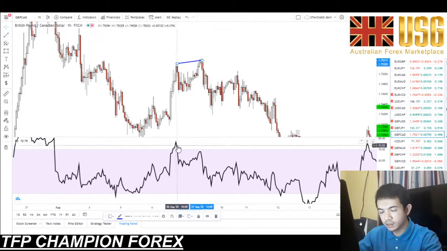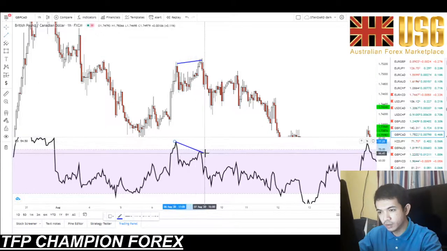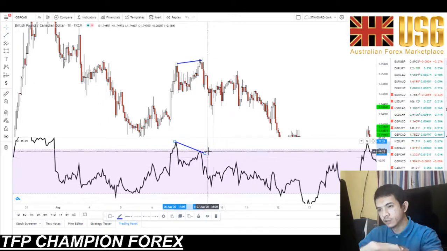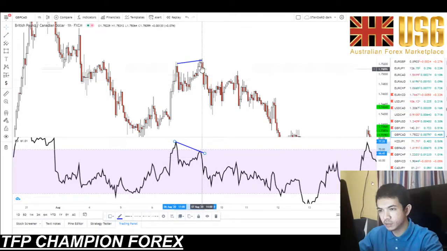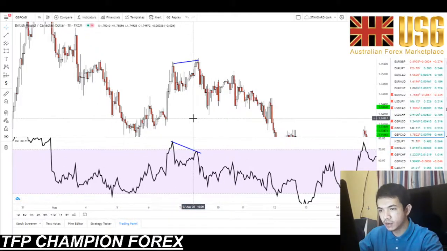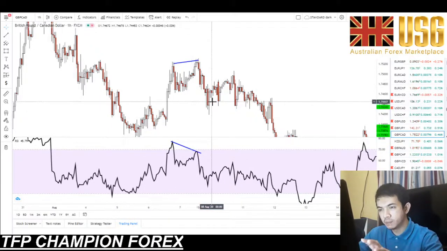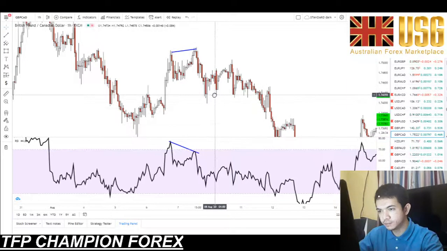However, the RSI formed what? A higher low, which means the market's momentum will now shift from a bullish market going to a bearish market. Plus, you know that the RSI level is at 70% and above. So meaning the market's momentum is now going to the downside.